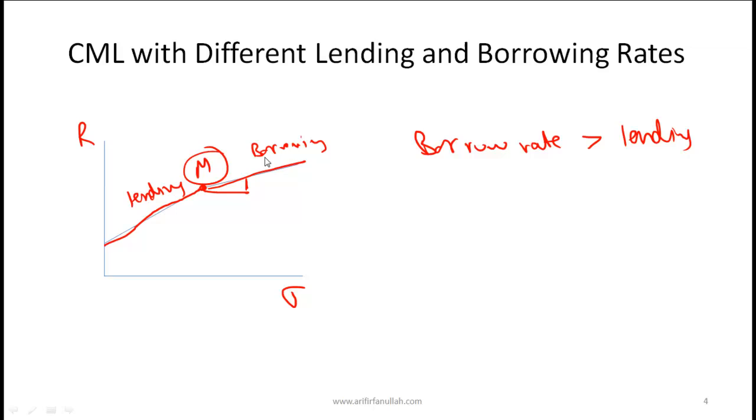If you really want to know the formulas, then the formula is actually given in the curriculum, but very simplistically, to the left of the market portfolio, this slope and hence this formula is exactly what we saw on the previous slide. And on the right, instead of using the earlier risk-free rate, we use the rate of borrowing to the right of the market portfolio.